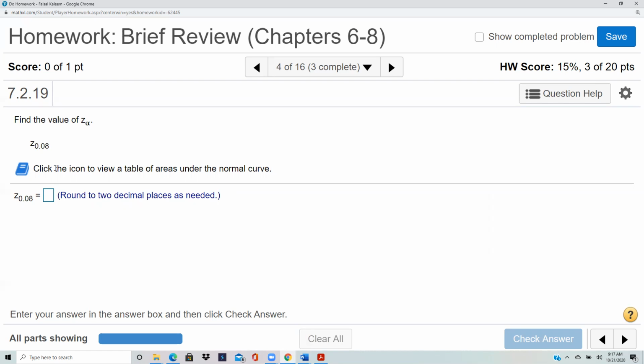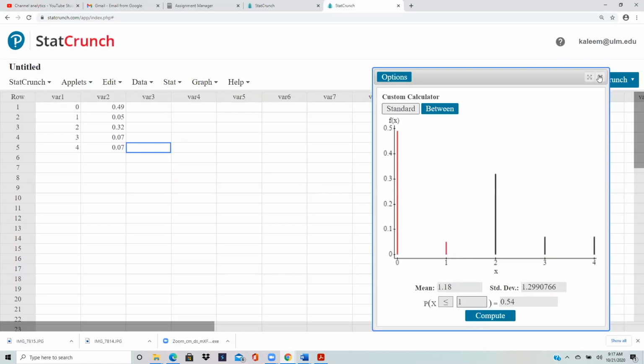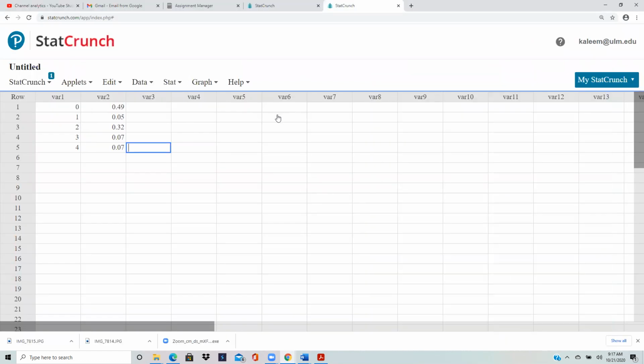So okay, let's open the StatCrunch window. They try their best not to let you use StatCrunch in these problems, right? But we know how to beat them. So stats, what's the command for this one?